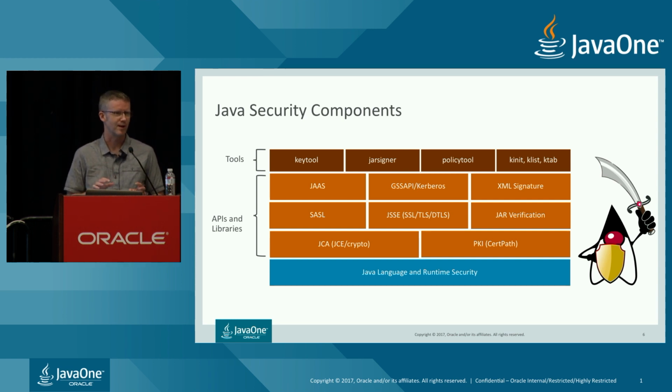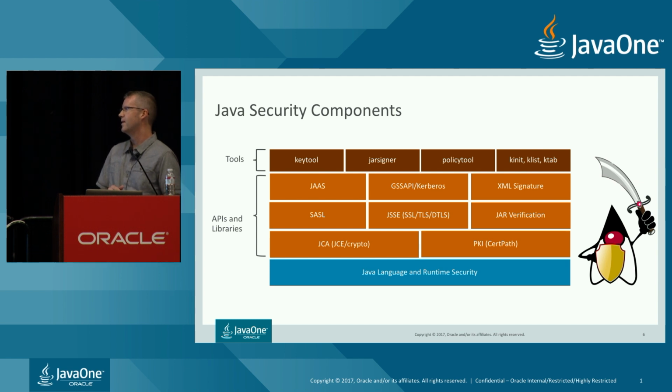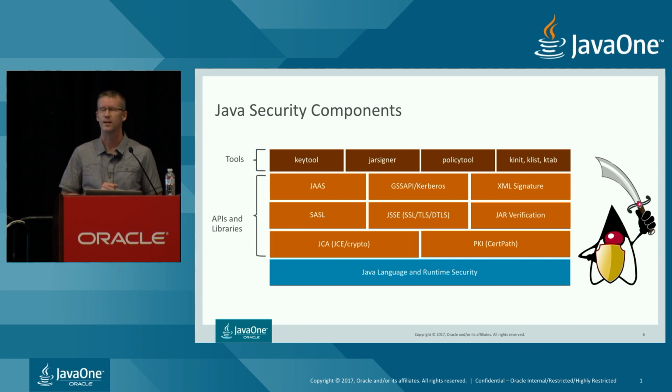It's actually been deprecated, and we're going to be removing it from the next release of the JDK. So I wouldn't start depending on it now if I were you. And then all the way to the right, we also rebundle the standard Kerberos utilities, KInit, KList, and KTab on the Windows platform. So that's Java security in a nutshell.